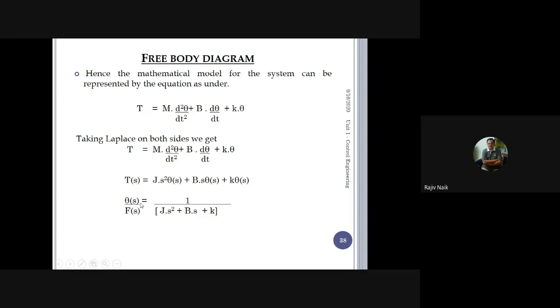So the output is theta, the input is torque T. It is not F, it is torque T. Then theta upon T can be written as 1 upon Js square plus Bs plus K. This is the transfer function of a simple rotational system.